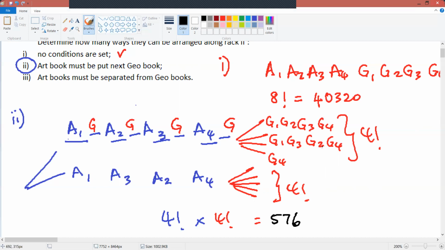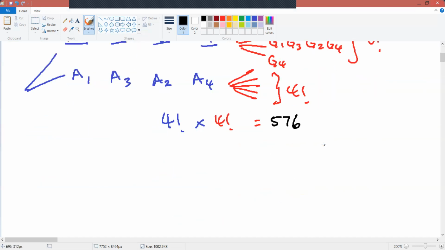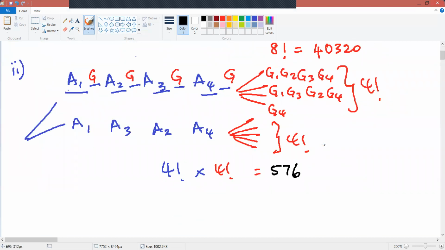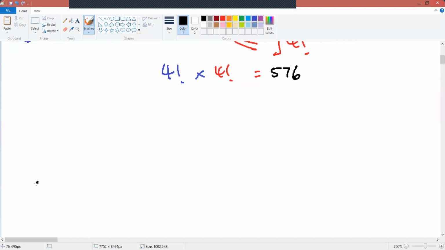So why can the other methods not work? Let's try another method, which is using the formula. Using the formula is actually the same thing. For A1, A2, A3, and A4, we also fix it like that.